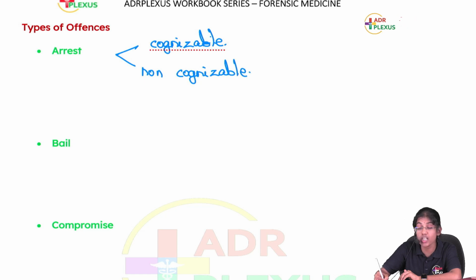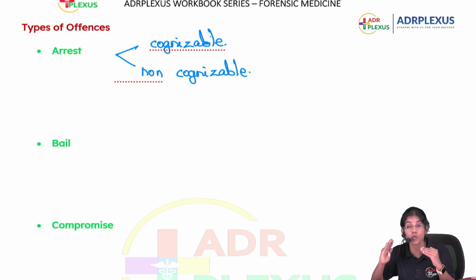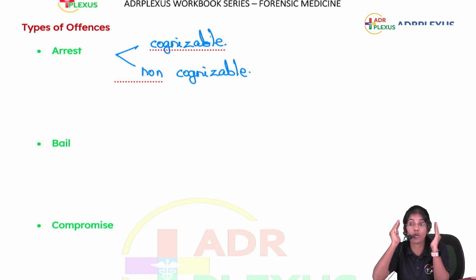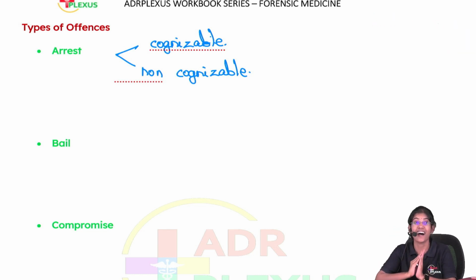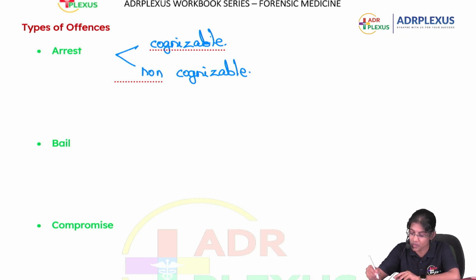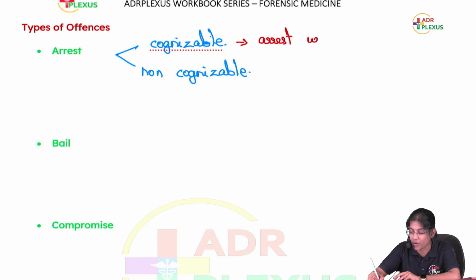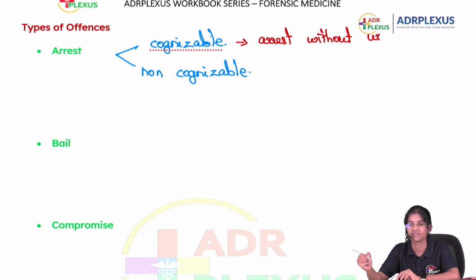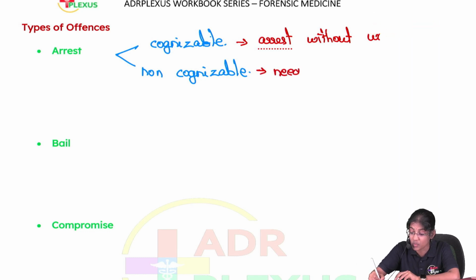Cognizable means the offense is so big, so huge, that the police can arrest without warrant. Here, the police can arrest without warrant. Here, in non-cognizable, the police needs a warrant.